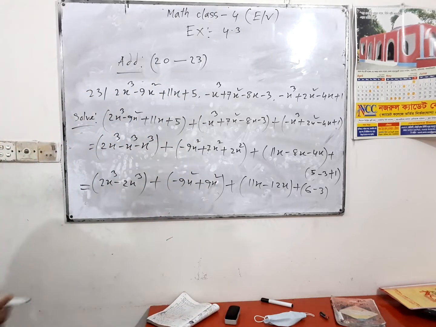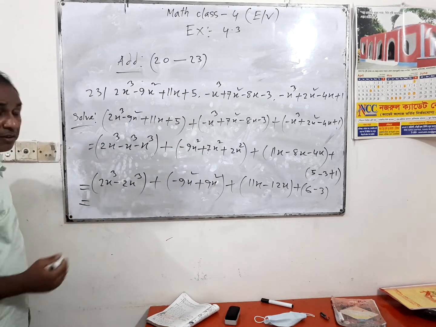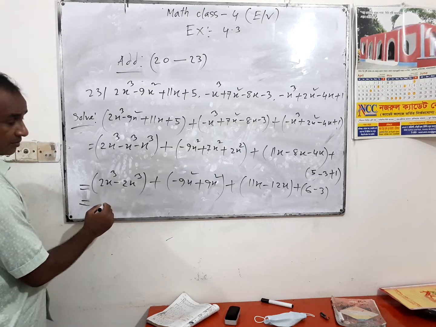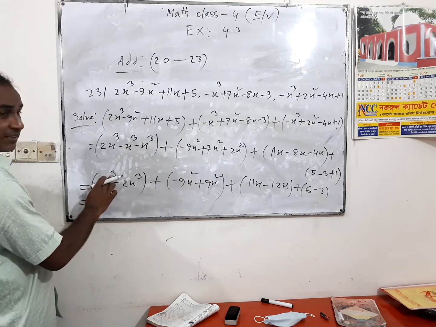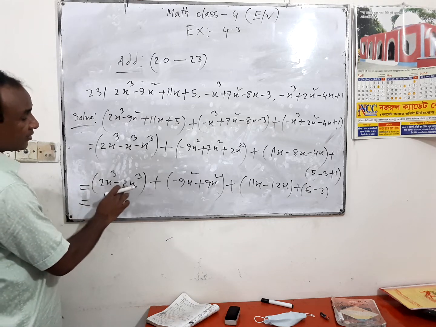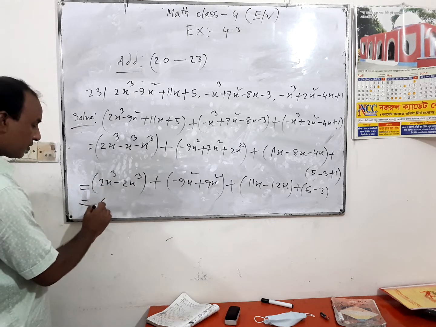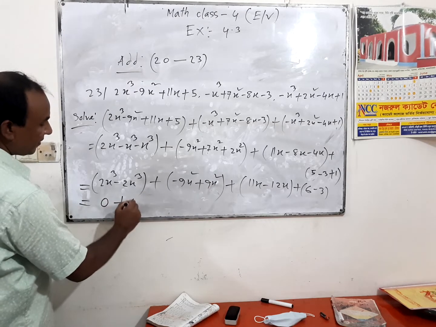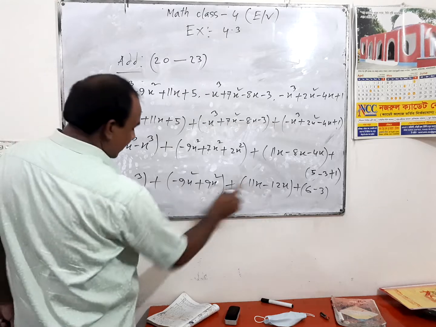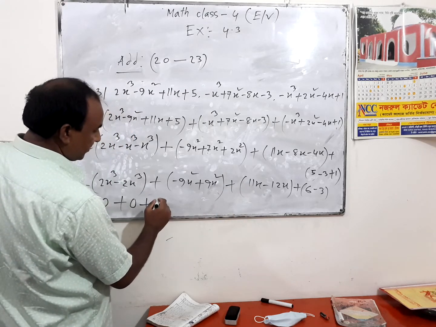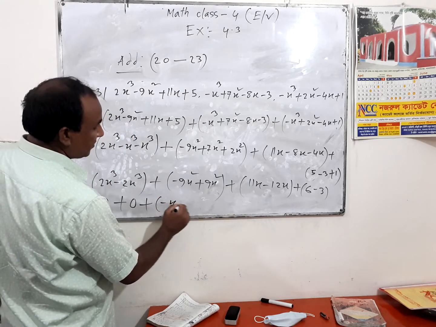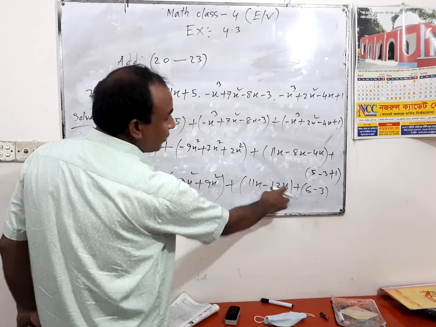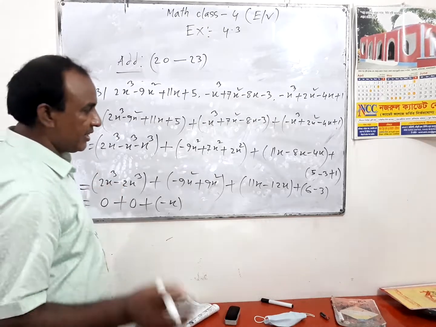The first bracket is there because the work is not finished. Here is 0. Minus 2x cube plus and minus 2x cube minus, we get 0. There is same as 0. Plus 11x minus 12x, suppose imagine it.